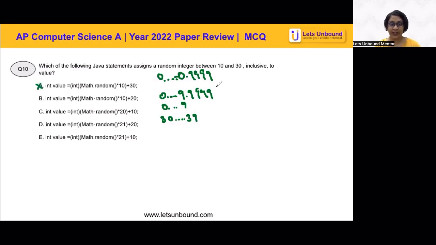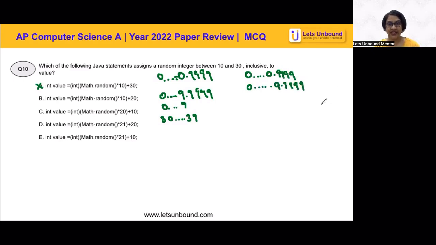Now let us evaluate option B. So option B, let's say 0 to 0.9999. Now, once again, we are multiplying with 10, both the ends. So range becomes 0 to 9.9999.